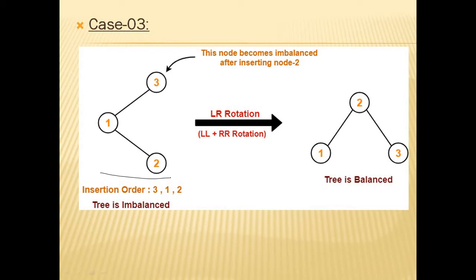Assume 3 is there, this is L and this is R. If imbalancing occurred for left right rotation, then what we do is this: this child will become root, this will come to the left side and this will come to the right side. The tree I got is a combination of LL and RR. LL rotation means clockwise rotation.